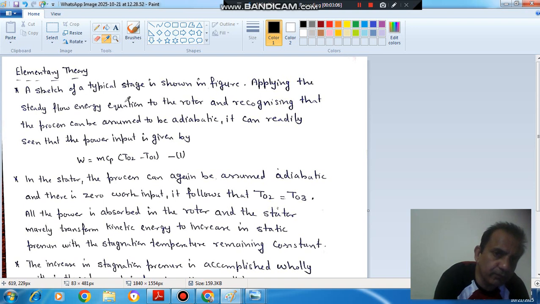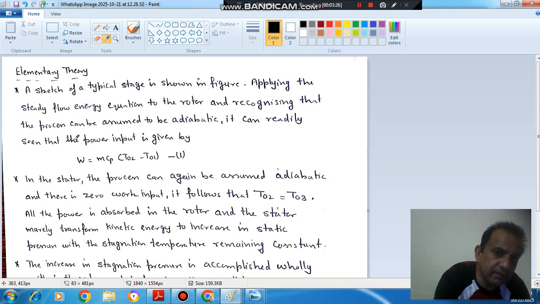A sketch of a typical stage is shown in figure. Applying the steady flow energy equation to the rotor and recognizing that the process can be assumed to be adiabatic. Adiabatic means no heat transfer is taking place, okay, but work transfer is taking place.